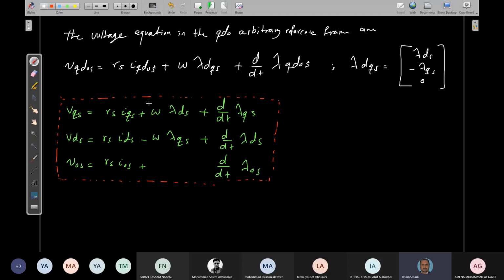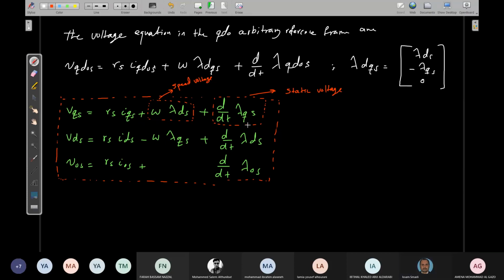And this one is the voltage due to the rotation, the speed voltage, correct? What about d by dt of lambda_QS? This is a voltage due to static coupling, the static voltage.